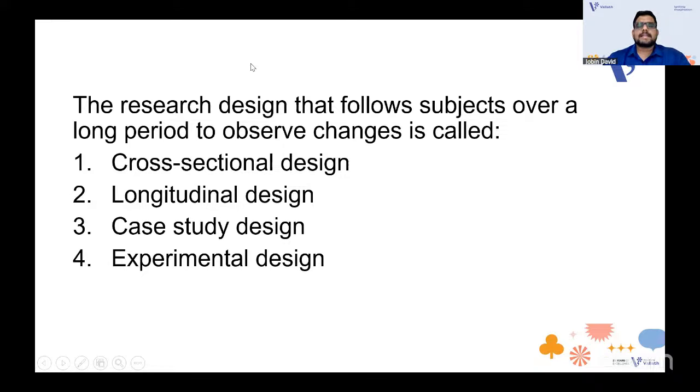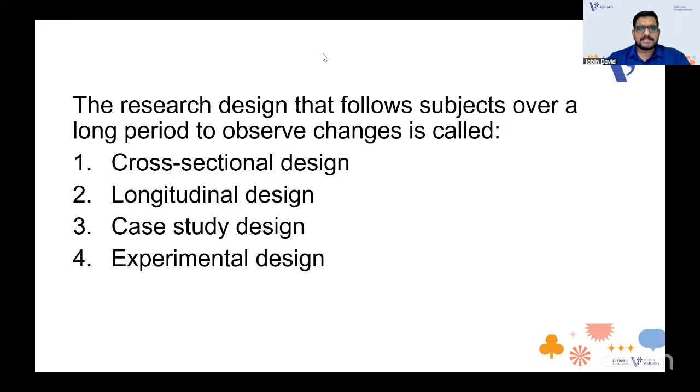The research design that follows subjects over a long period to observe changes is called. Okay, this type of research is very important, as I told you. So you focus on a topic and then you observe it for a long period of time. Changes, you observe it for a long period of time. For example, maybe the effect of a sunscreen by a company. So it's very important that you observe it for a long period of time.